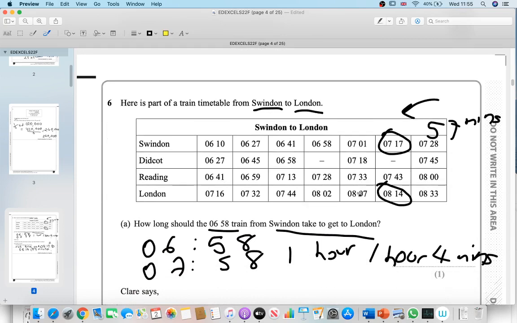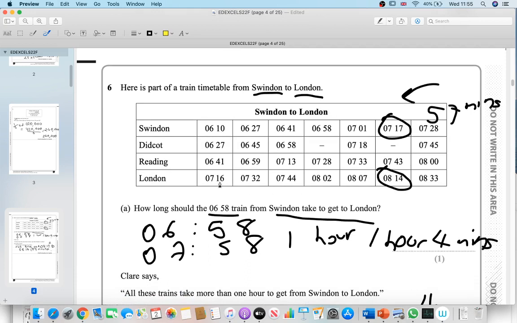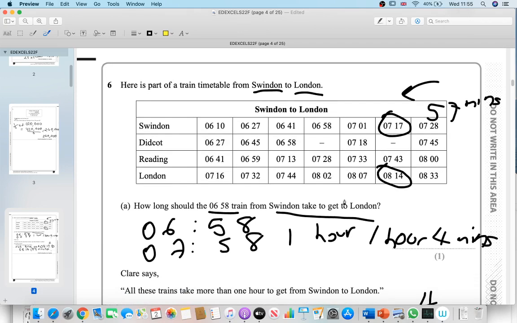Next question. Here is a train timetable from Swindon to London: Swindon, Didcot, Reading, and London. How long should the 6:58 train from Swindon take to get to London? The 6:58 train is this train here, and it gets to London at 8:02.